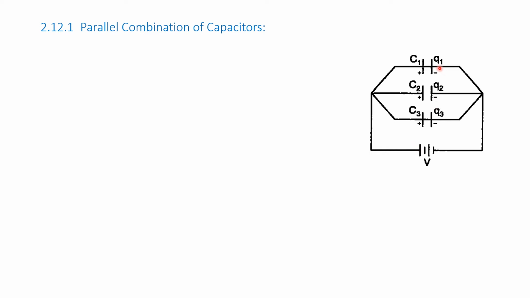Similarly, the plates with the minus sign are combined on the other side, one side of C1, of C2 and of C3, and are connected to the negative side of the potential. So, this combination is called the parallel combination of capacitors. Here the charge gets distributed. The charge on capacitor C1 will be Q1, on C2 will be Q2 and on C3 will be Q3. Hence, this is the figure for the parallel combination of capacitors.